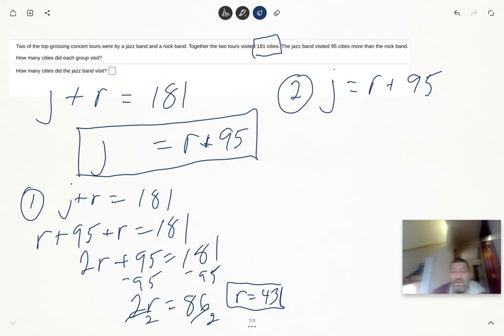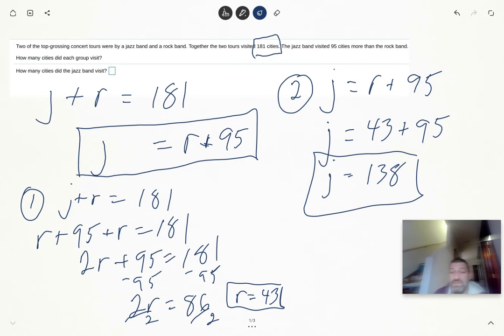Okay, and so now we know that R is 43, and so 43 plus 95 would give us a grand total of 138. Okay, so the number of cities that the jazz band would have visited would have been 138.